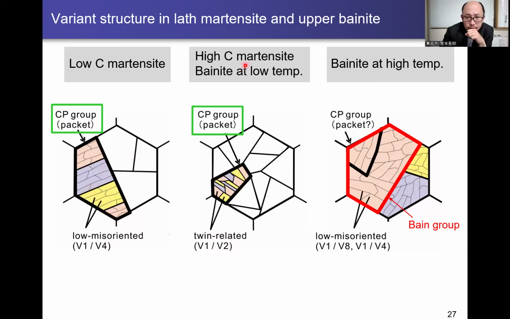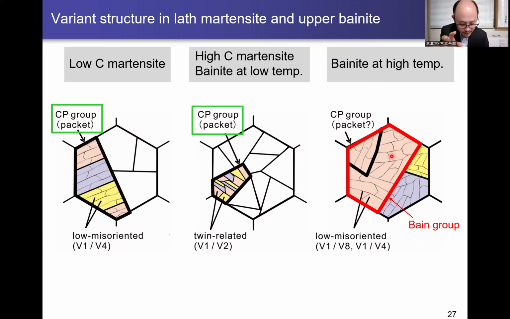When we increase carbon content or bainite is transformed at low temperature, the CP group is still dominant, but twin-related variant is paired. The bainite at high temperature contains the Bain group, and as I explained, the Bain group variants have low misorientation. Therefore, the boundary density of high angle boundary becomes smaller in this microstructure.